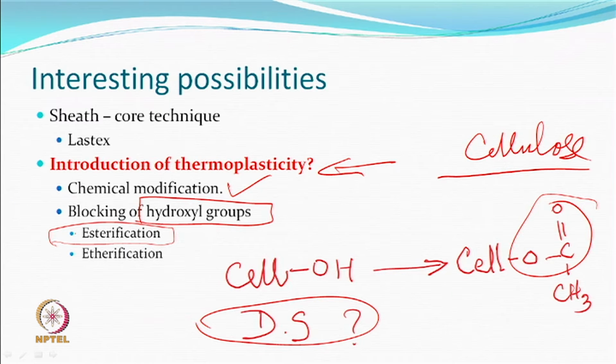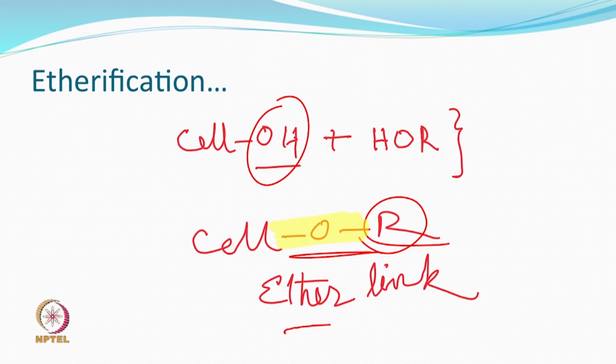The other is etherification, that instead of making an ester, you make an ether link, which also means that your hydroxyl group is not available as it is. So, for example, ether means you have two alcohols reacting with each other, and so you produce an ether link.